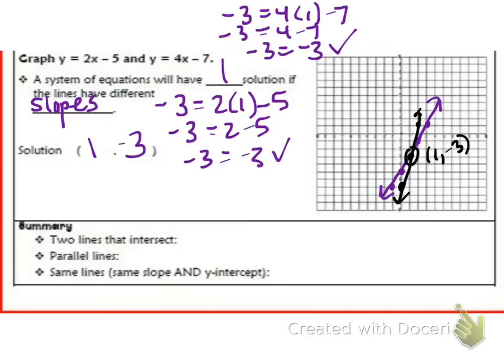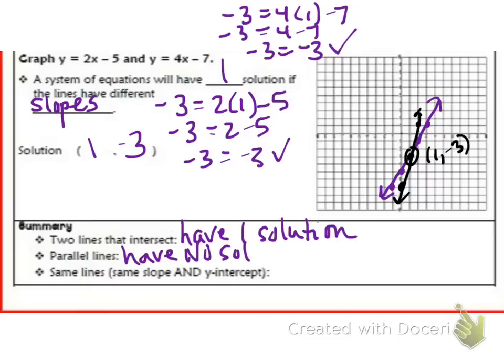So at the very bottom of your page, there is a summary section. Two lines that intersect have one solution. They also have different slopes. Parallel lines have no solution, and they have the same slope but different y-intercepts.